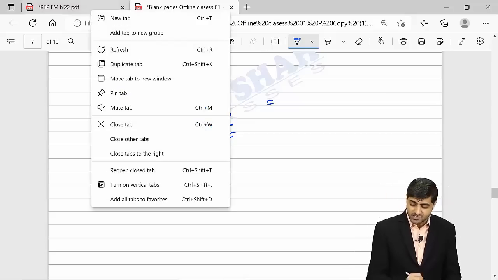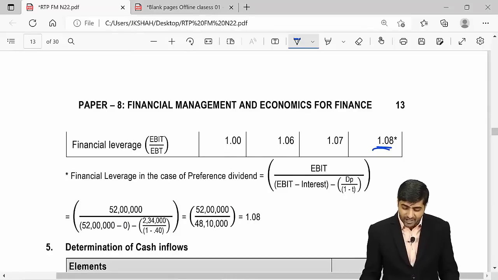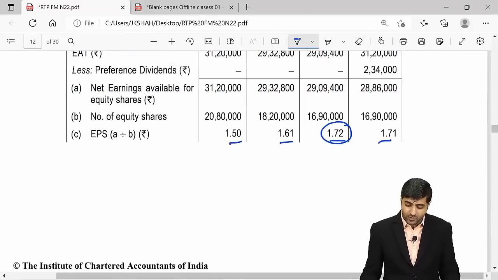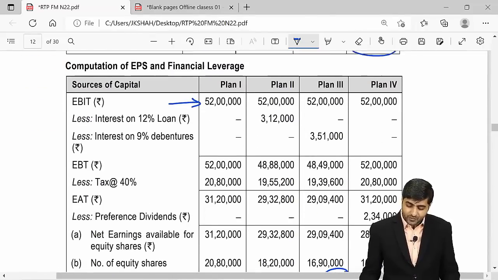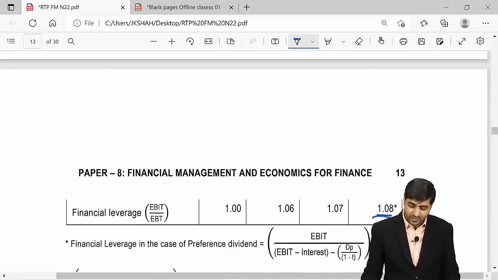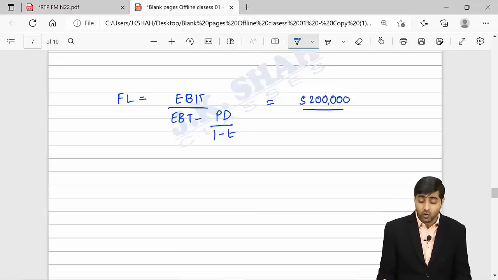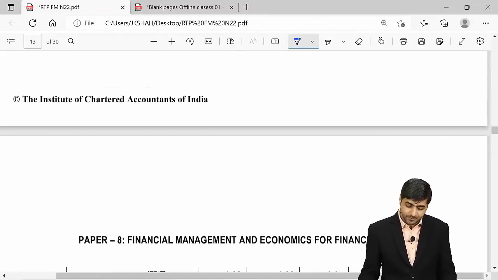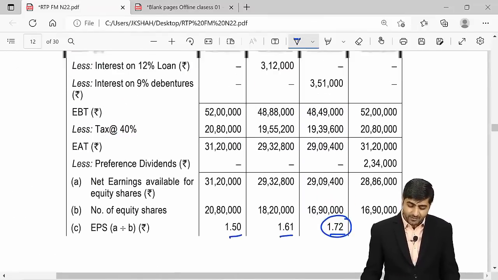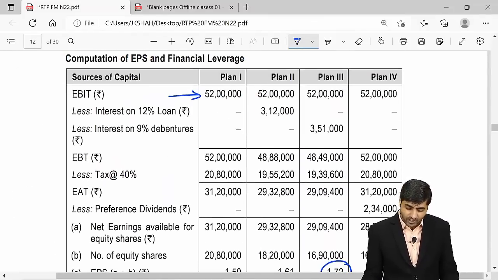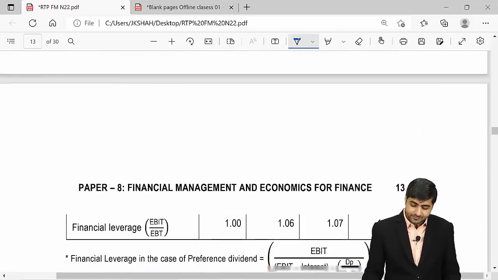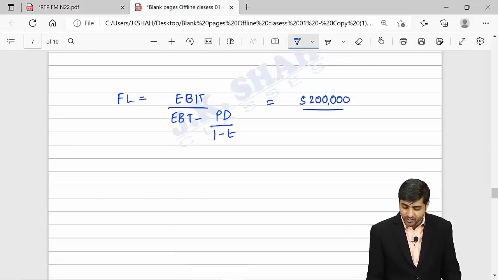So guys, what is the amount of the EBIT? We already have the amount of EBIT available as 52 lakh rupees, correct? So this will be 52 lakhs. And now just check for your fourth plan, what is going to be your EBT? Your EBT available is nothing but 52 lakh rupees. So I will write down your EBT of 52 lakhs.